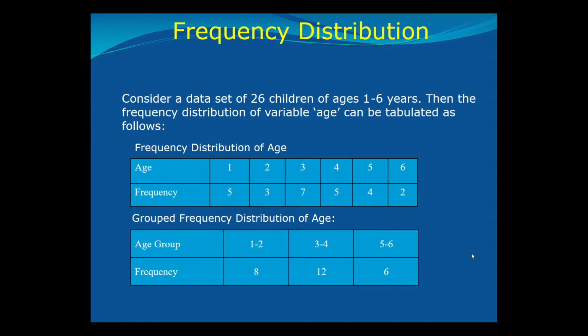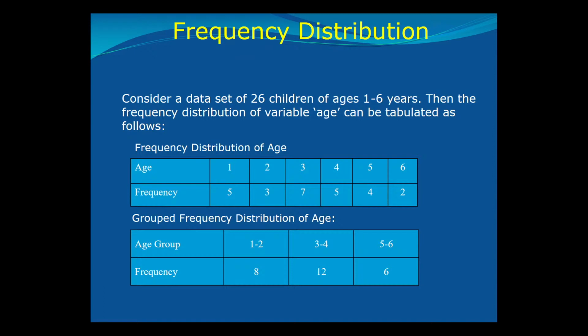What is frequency distribution? Consider a data set of 26 children of ages 1 to 6 years. Then the frequency distribution of variable age can be tabulated as follows in the next table. So we have two lines, age line and frequency line, and we need to put appropriate numbers, the number of children according to the age.